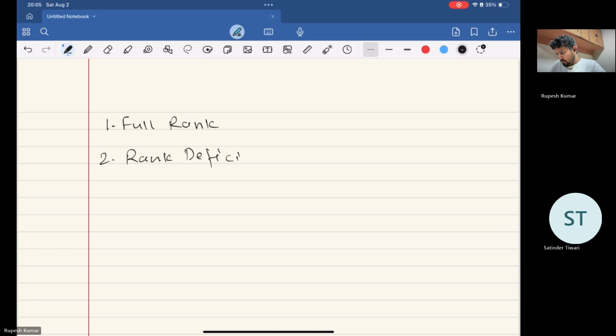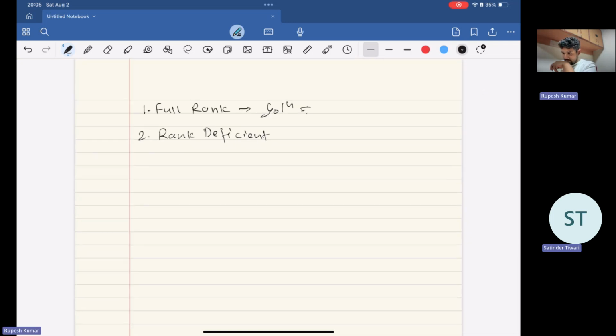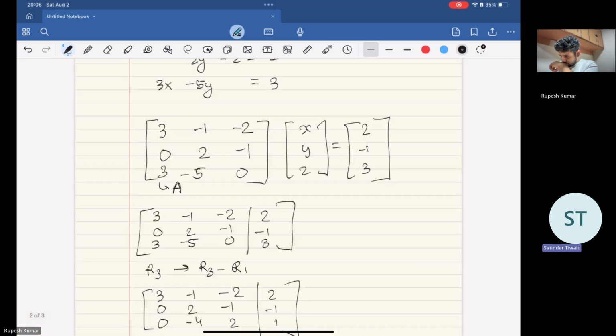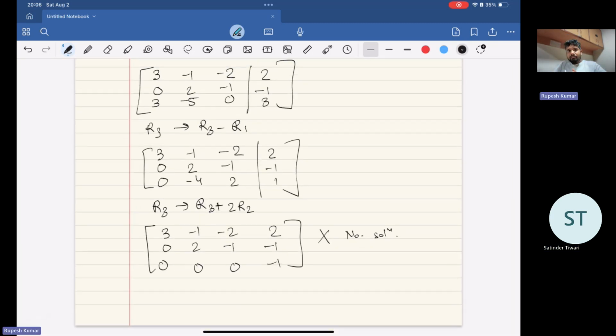So if you have full rank, you get a solution, right? This you agree with, right? And if rank deficient is there, plus we are not getting the pivots also, it means no solution. If you are not getting pivots, this means it's rank deficient, first of all.